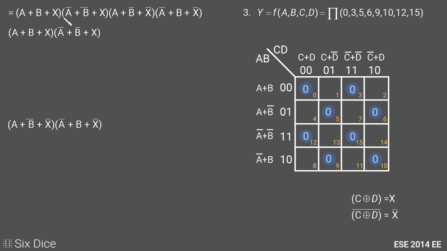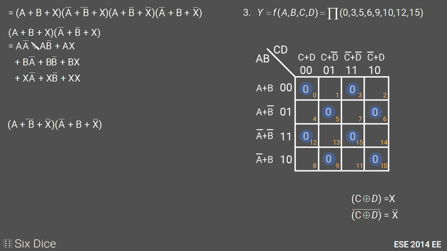For the first 2 we have a plus b plus x and a bar plus b bar plus x, so we will end up with 9 terms here. a multiplying a bar plus a multiplying b bar, a multiplying x, b multiplying a bar plus b multiplying b bar, b multiplying x, and the last ones x multiplying a bar, x multiplying b bar, x multiplying x.